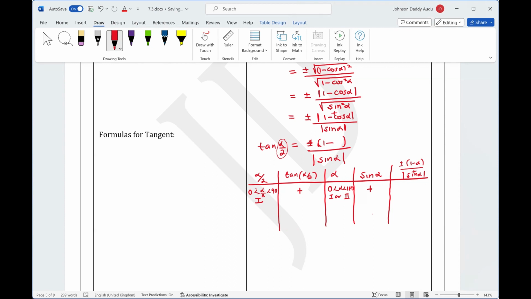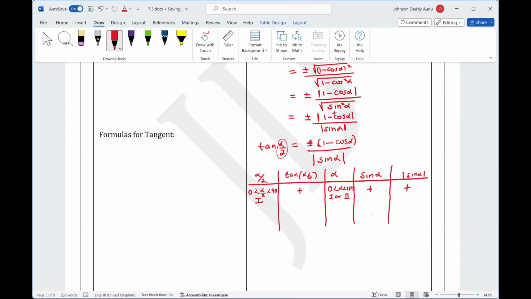I'm sorry, here should be cosine alpha, I mean here. So you can see that this sine and this sine are always the same, yes. So what I mean is that you can see the absolute value of sine alpha is going to be positive.